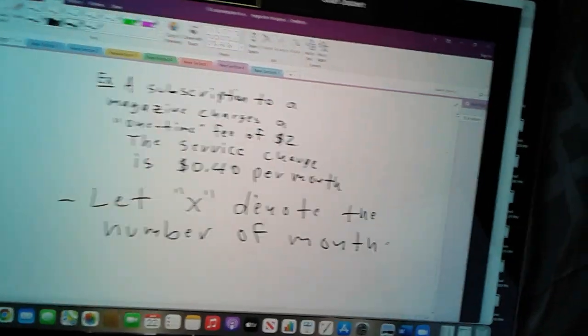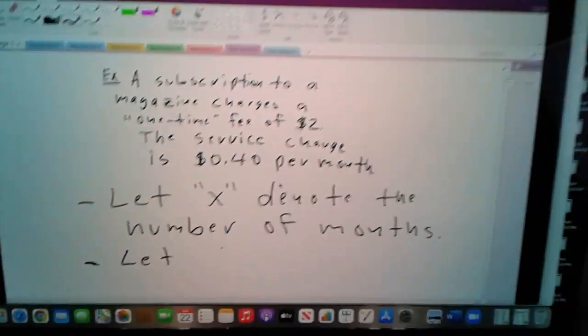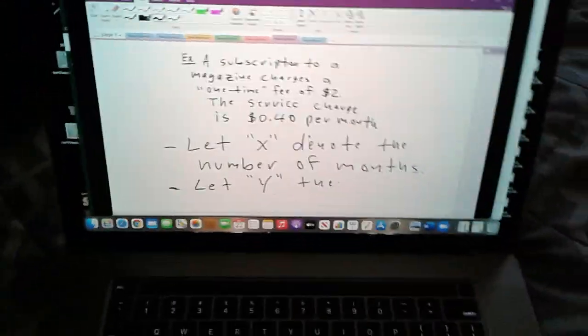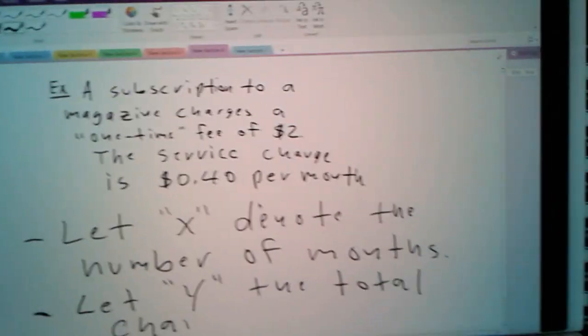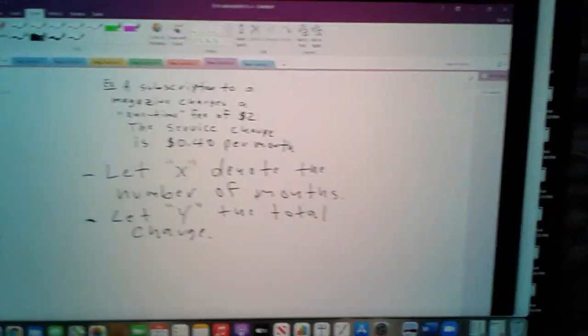So let X denote the number of months that you keep the service, and let Y be the money, right? How much you're going to be paying. Total charge, let's say. So the longer you keep their service, the more money they're going to make off of you, right?